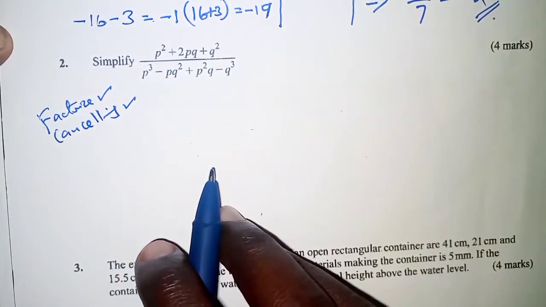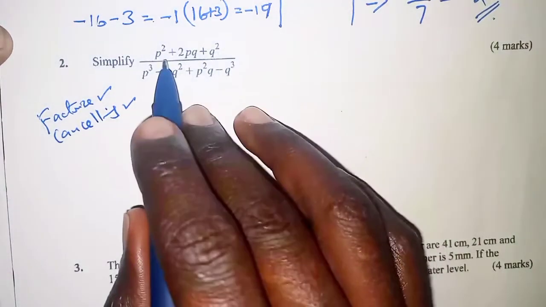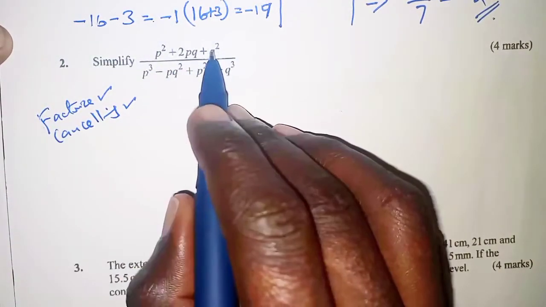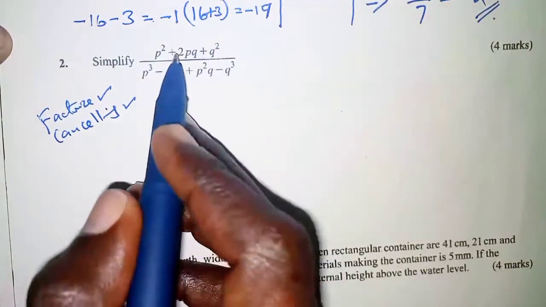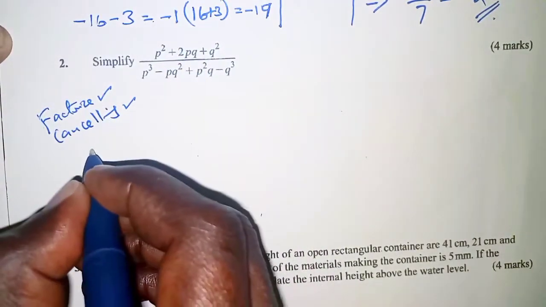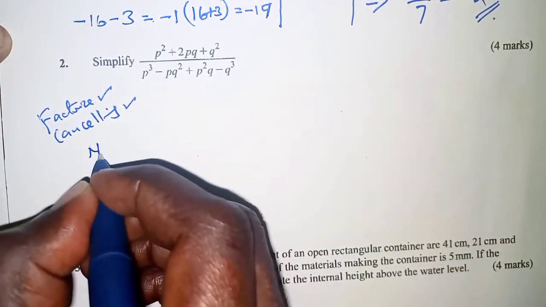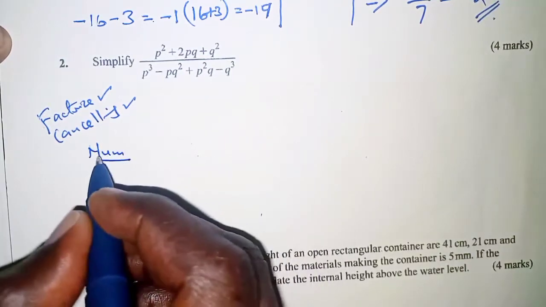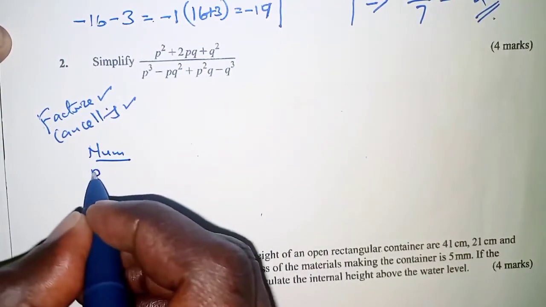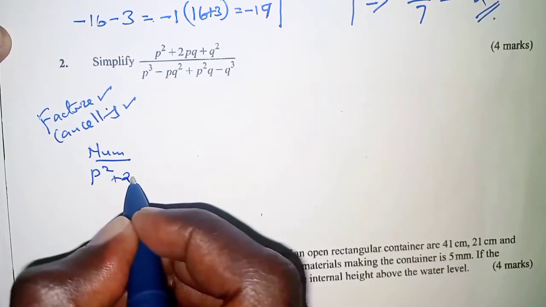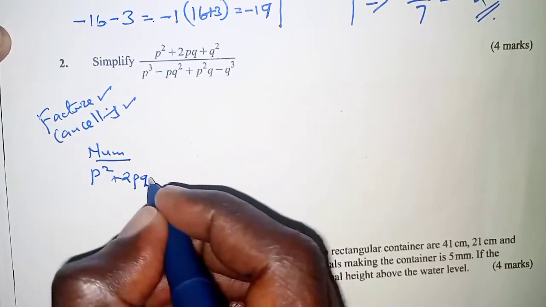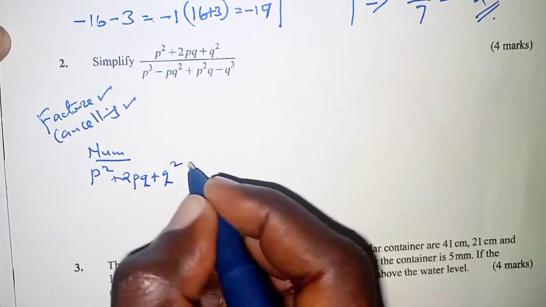So in the numerator we have a quadratic expression, and for this quadratic expression we are going to factorize it. So for the numerator, we have p squared plus 2pq plus q squared.